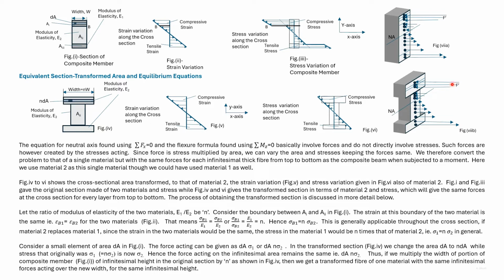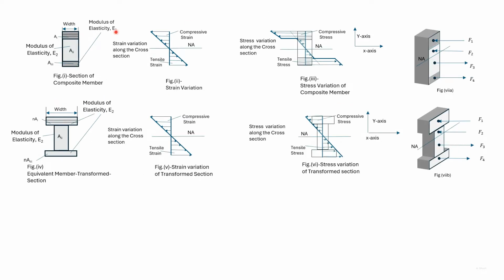We'll be able to find the position of the neutral axis, and using the flexure formula for one material, this stress variation, we'll then work backwards to find the stress variation of the composite member. Earlier we considered fibers of infinitesimal depth from the top to bottom of the composite member.